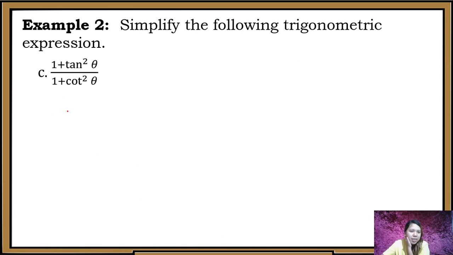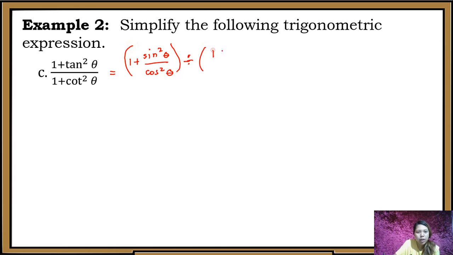We have here 1 plus tangent squared theta over 1 plus cotangent squared theta. So we need to rewrite our tangent and cotangent. So 1 plus tangent squared is sine squared theta over cosine squared theta, divided by 1 plus cotangent squared, which is cosine squared theta over sine squared theta.